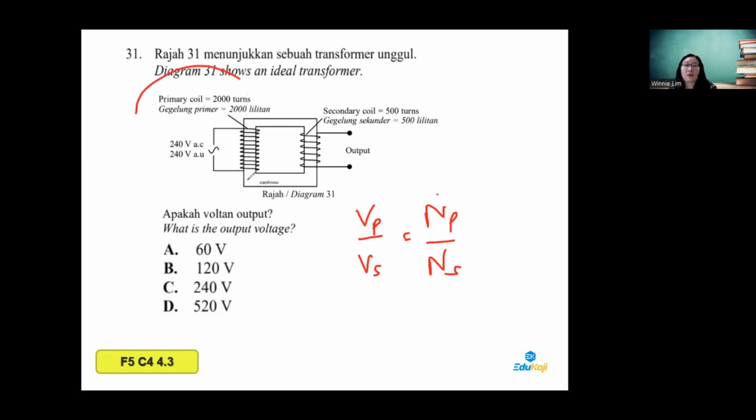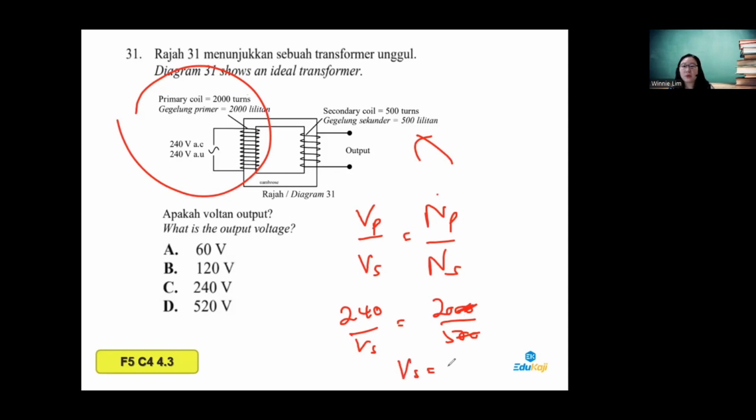P refers to the primary side and S refers to the secondary side. Hence you have 240 over Vs equals 2000 over 500. Rearranging, Vs equals 240 times 500 over 2000, which gives 60 volt. It is supposed to be less than 240 volt because your turns are fewer.